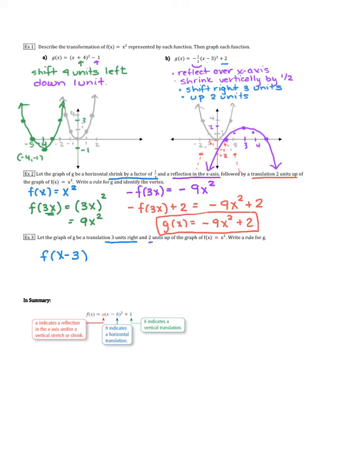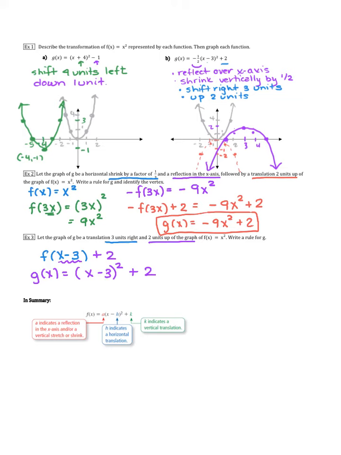Then we're going to go 2 units up, so outside because it's vertical. So this is the functional notation. So what's going to happen is anything inside replaces x. So this becomes x minus 3 squared. Anything vertical happens outside, and that would be our final equation.